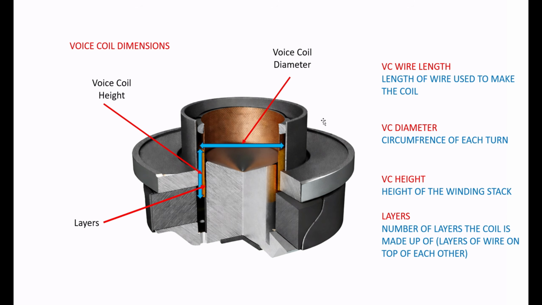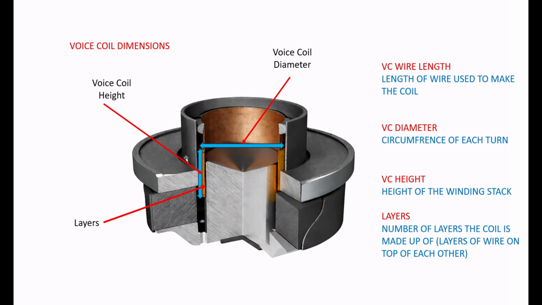Some of them are pretty obvious. You have the voice coil wire length, so how much wire is used to make the voice coil. That's different to the amount of wire that's in the gap. The other one is voice coil diameter: it's a cylinder, so what's the diameter of that cylinder.